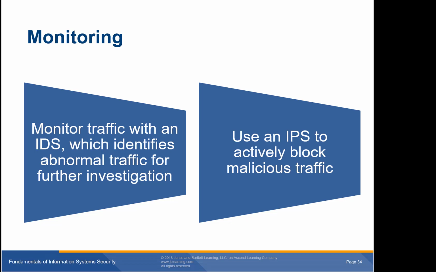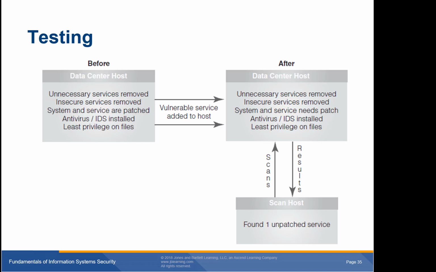Intrusion prevention systems, or IPSs, go a step beyond IDSs by actively blocking malicious traffic. An IDS alerts you to potentially unauthorized activity. An IPS blocks it. Of course, before you can use an IDS or an IPS, you must create a baseline definition of normal traffic. In addition to monitoring your system, you must test it. The main purpose of any security test is to identify uncorrected vulnerabilities on a system.